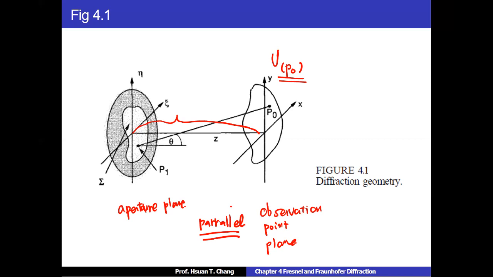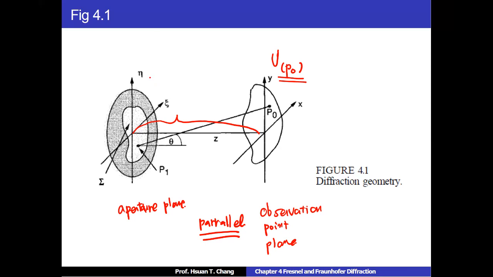The parallel assumption is very important because, as we'll see later on, if they are not parallel, we have to choose a different coordinate system and it becomes very complicated. So for the time being, we are going to assume that the aperture plane and the observation plane are parallel to each other and only separated by the distance z.